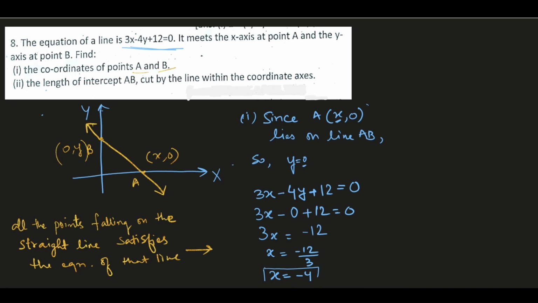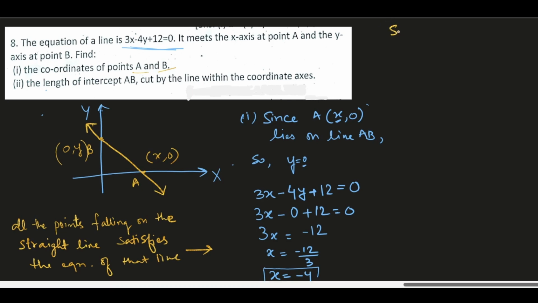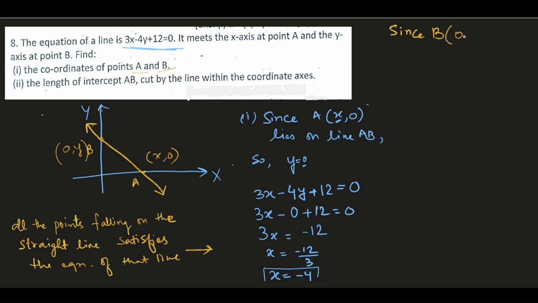Similarly, we will find the value of y. So I will just repeat the same step. Since B, that is 0 comma y, lies on line AB, obviously x is equal to 0 and y is taken as y only.